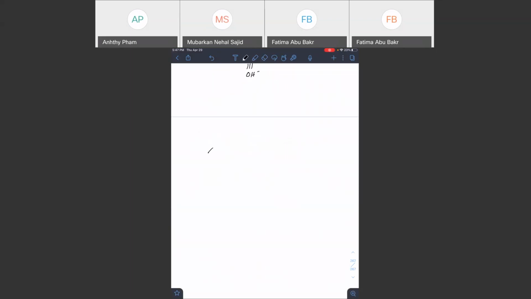So if I start off with something like this and then I end up with something like this, I would know in this case that this probably somehow got turned into a ketone, and then there was an alkyl addition to the alpha position, right? So that's the stuff we're going to have to learn how to do before the final.